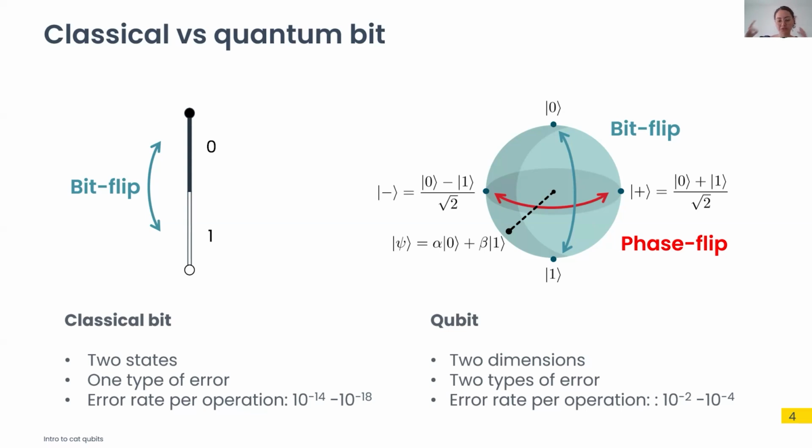So we have two types of errors to deal with right now. And even worse than that, the error rate per operation is very big if I compare it to the classical one, which means that if you want to do reliable quantum computation, then we need to find some sort of strategy to deal with this.